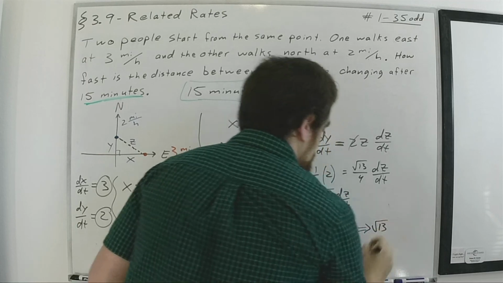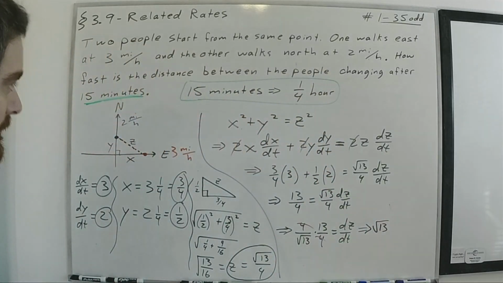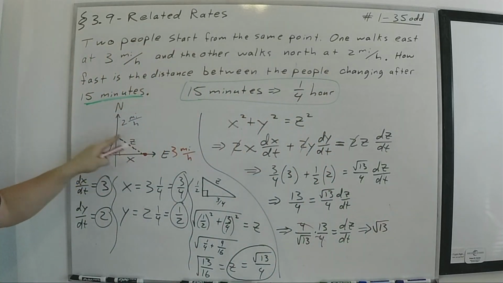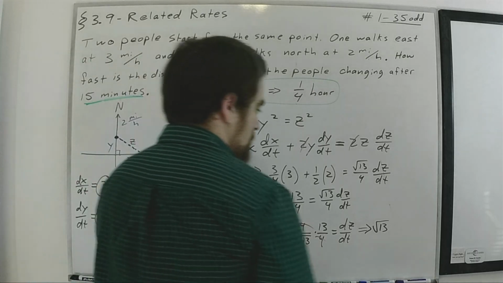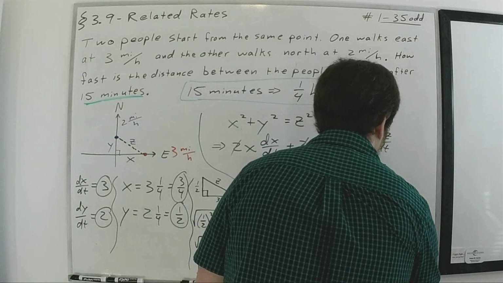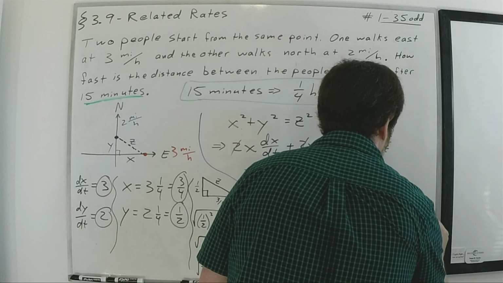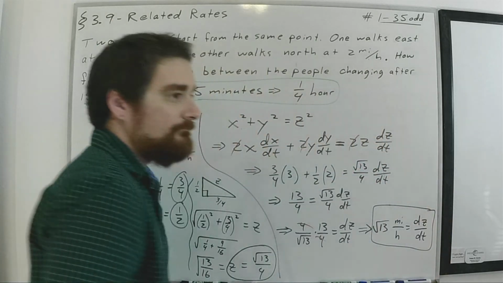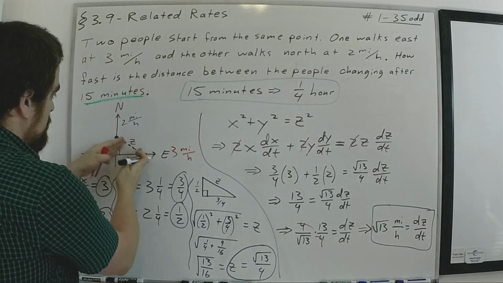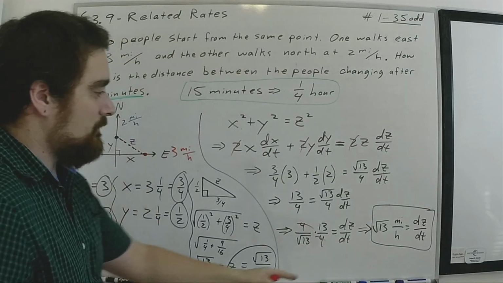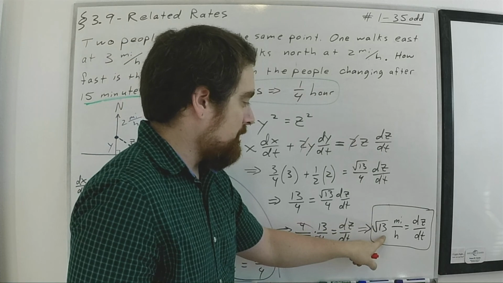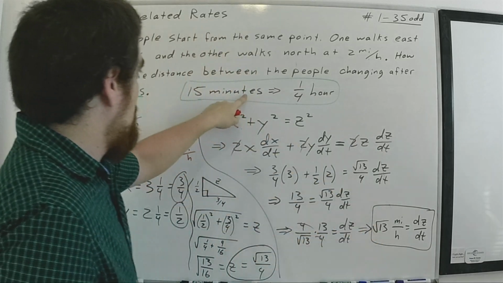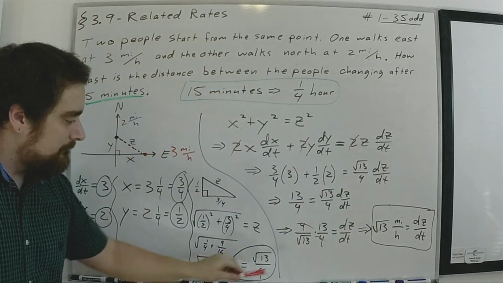So radical 13 is the change in distance with respect to time, where our distance was in miles and our time was in hours. So at 15 minutes, the distance between these two is increasing at a rate of radical 13 miles per hour.